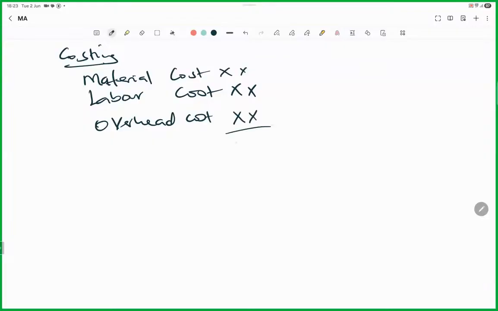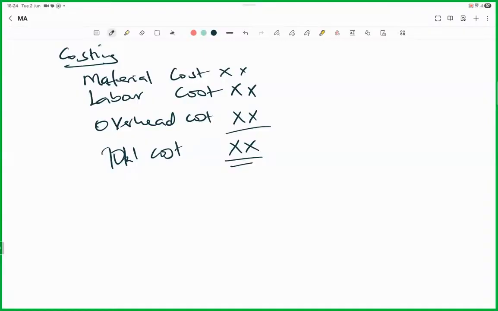And then now you are able to get your total cost. That's how we do our costing generally. So in general, we have got three types of costs: material, labor, and overhead. As we progress, we shall introduce those classifications: variable overhead, fixed overhead. But for now, there are only three.